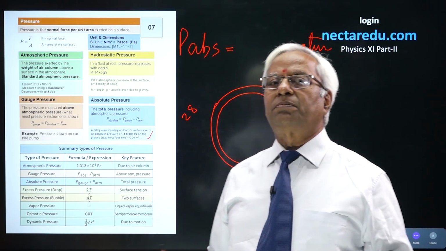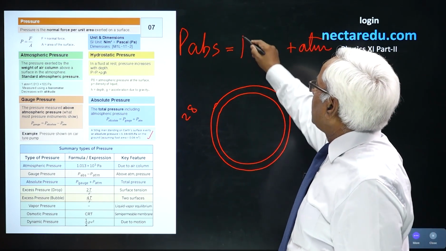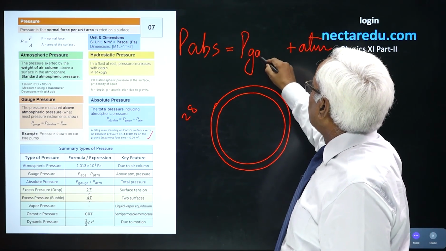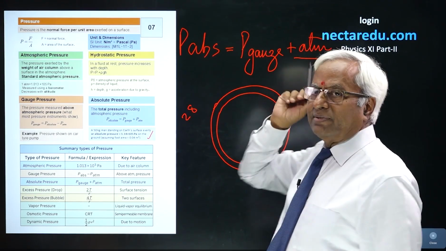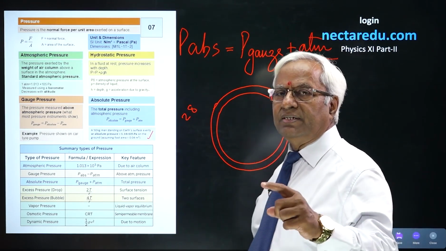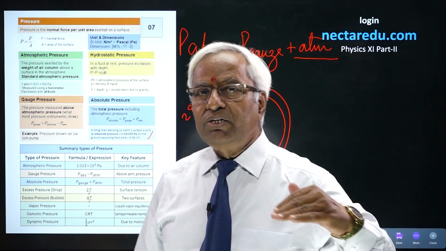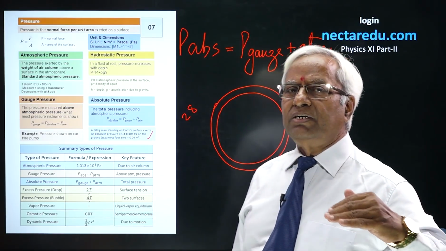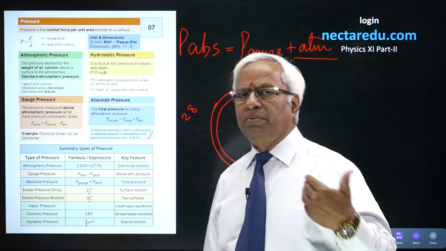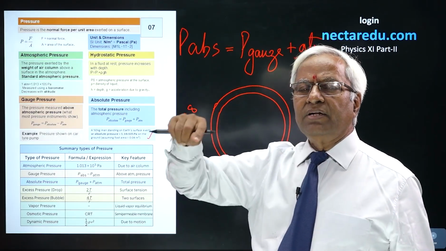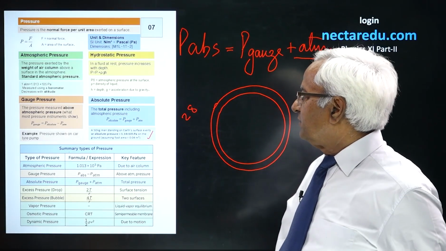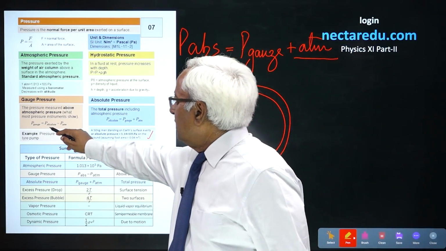That becomes 4 atmosphere. Once you say gauge, it means it is on the basis of atmospheric pressure. 1 atmosphere is considered there as the origin. When you consider 1 atmosphere as the origin for measurement of pressure, the reading that you get is known as gauge pressure. That I have clarified here.